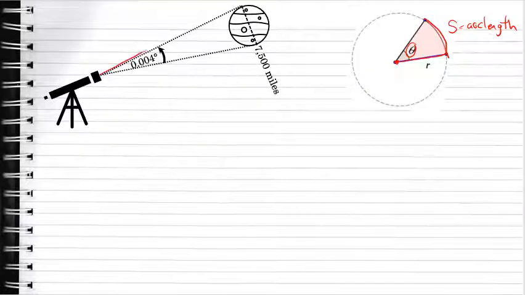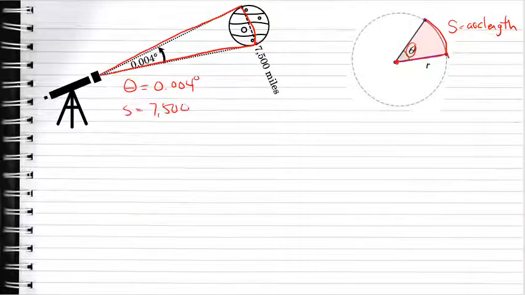In our situation, the sector of the circle would look something like what I'm outlining in red right now. The central angle of the sector is 0.004 degrees, the arc length is 7,500 miles, and the radius of our sector is the distance from Earth to Venus.